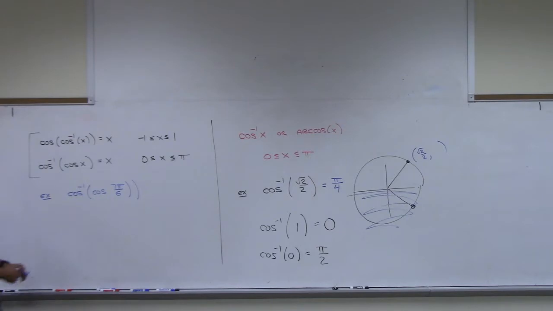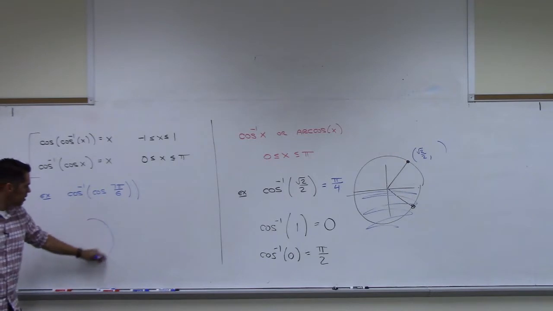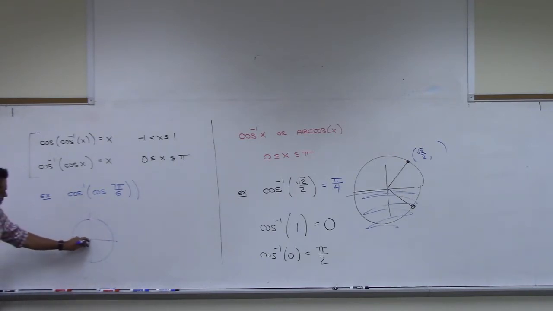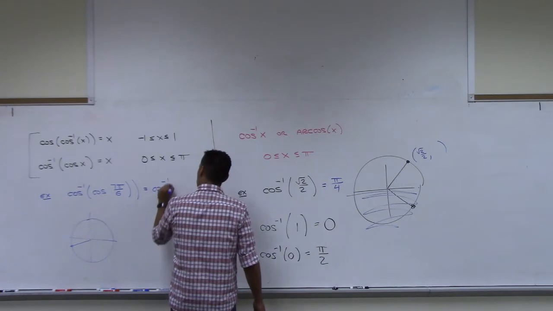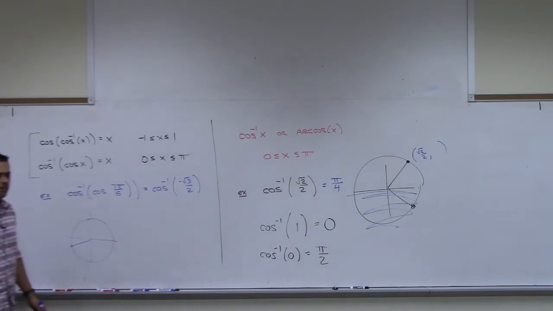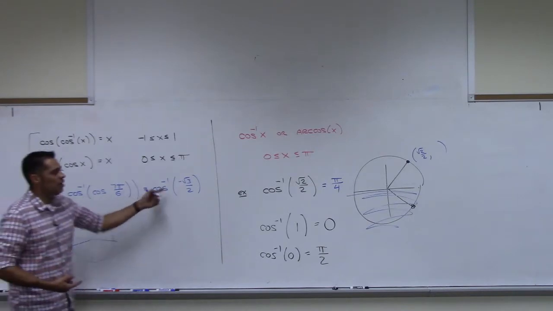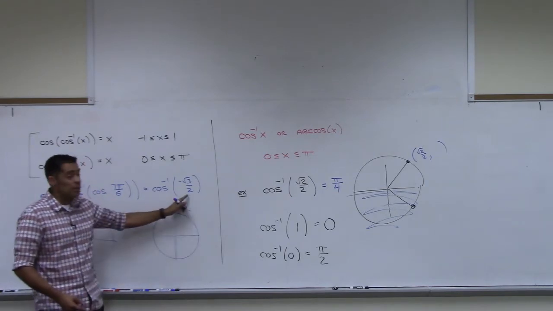So let's do this piece by piece. What is cosine of 7 pi over 6? You're going to 7 pi over 6, which is right here, and you're looking at the x-coordinate, which should be -√3 over 2. Okay, so this is saying what is cosine inverse of -√3 over 2. Now you're saying where on the unit circle is your x-coordinate -√3 over 2?